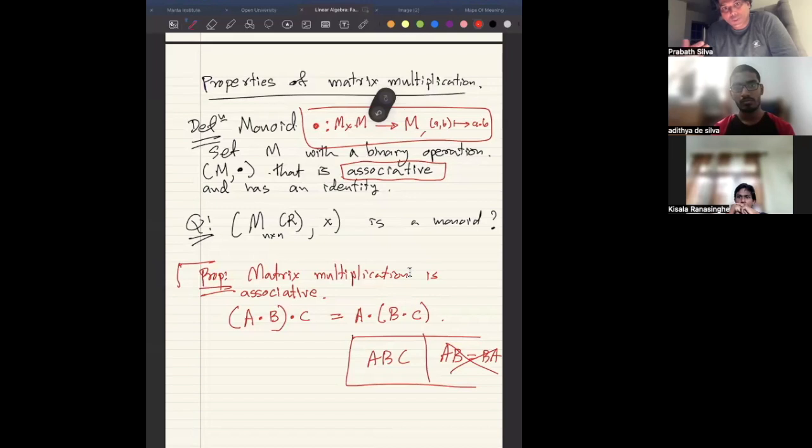A ring has two operations, and we typically denote them by addition and multiplication. We also assume that the addition is abelian. The group part is abelian, and then there is a multiplication.